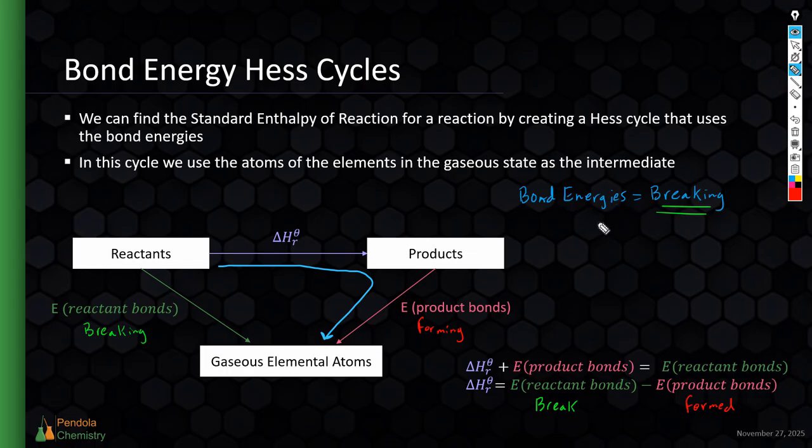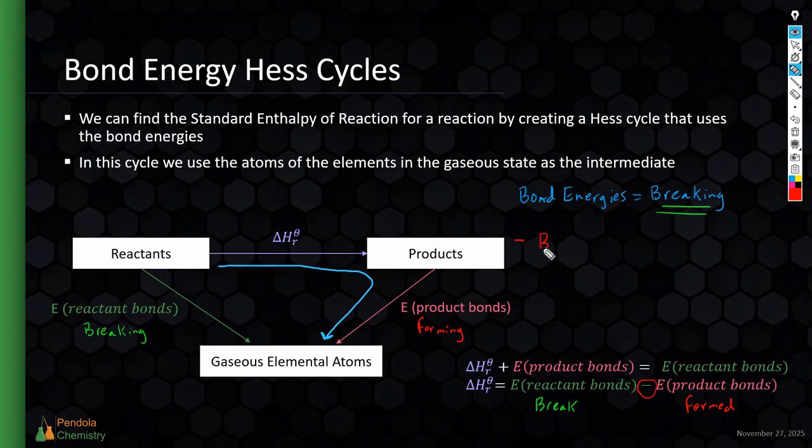When we talk about bond energies being positive, that's because they're always for the breaking of bonds. Since the product bonds are being formed, not broken, that's why we have this negative in front of the enthalpy or bond energy for the products, because we're forming those bonds. Therefore, it's the opposite of bond energies.